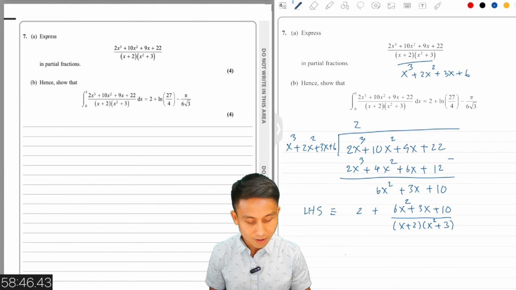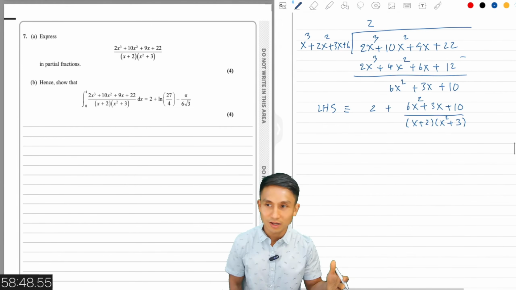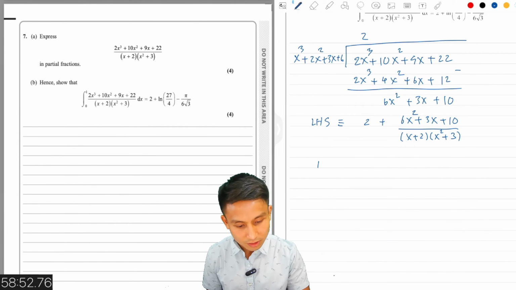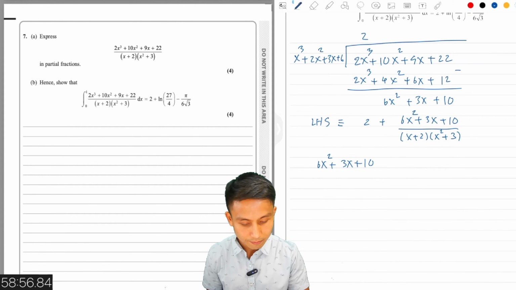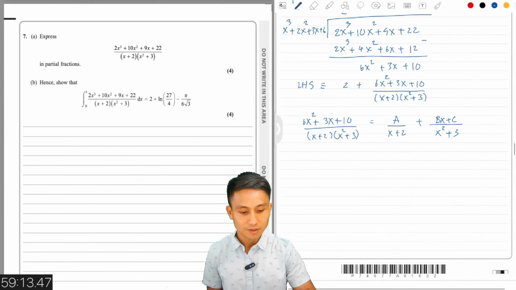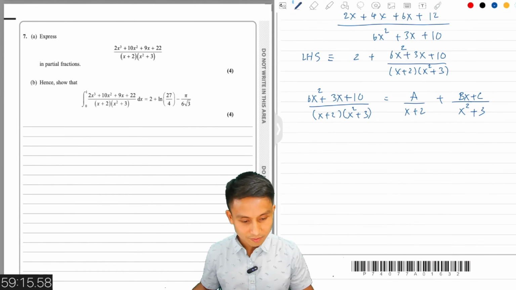Now the divider is 1 degree higher than the numerator, so we're good. And we're going to put this with the two brackets equal to a over x plus 2 plus bx plus c over this again. A little tedious here, but we need to do it.